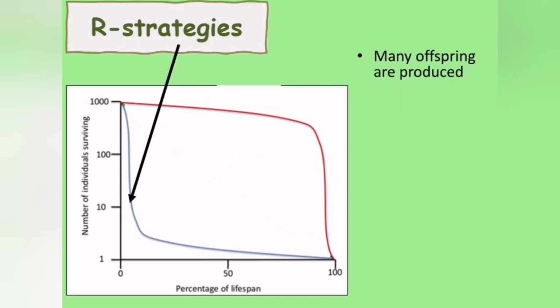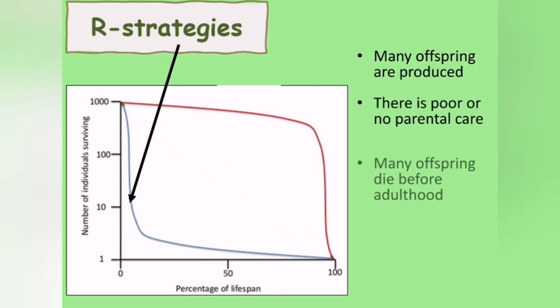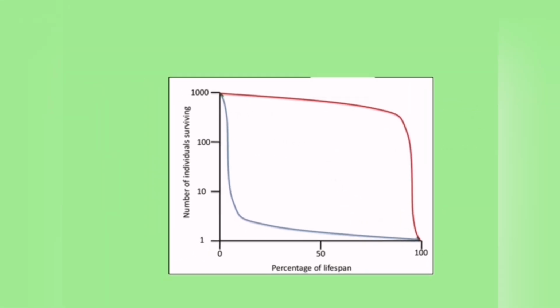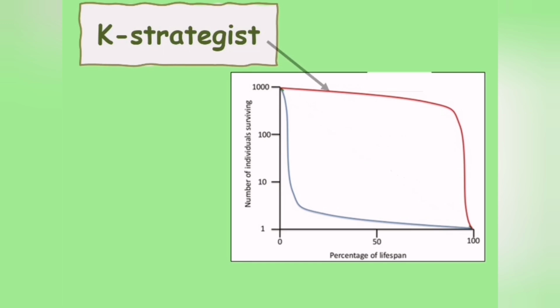The R strategists, remember, they make many offspring, and they don't have much parental care. So that's why you see on the blue line that represents the R strategists that you start with a very large number of offspring, but most of them die very quickly, and then only a few survive to adulthood.